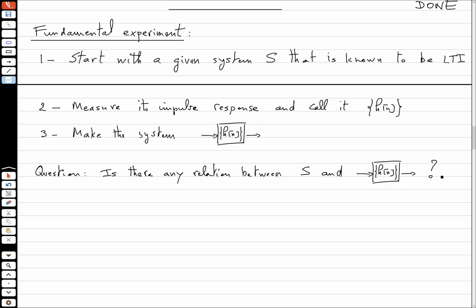I'm not asking that. I'm asking the relation between the system S and that system. I'm asking the relation between two systems. Remember, this is not a sequence, this is a system. It's a system on which you have written the name of the sequence, but it's a system. Yes? We wouldn't be able to know this relation. We only know what our new system does. All right, I give you the answer.